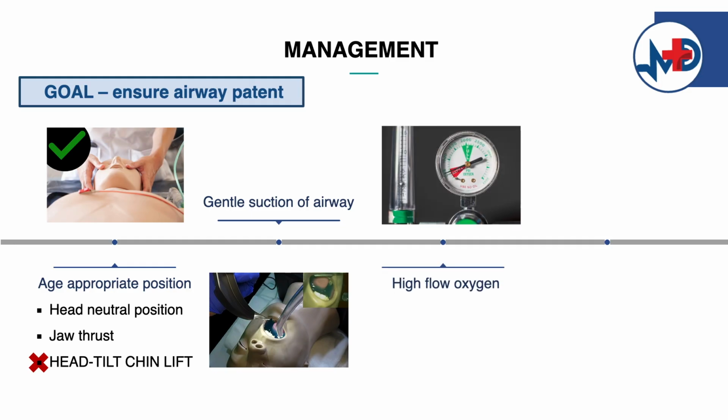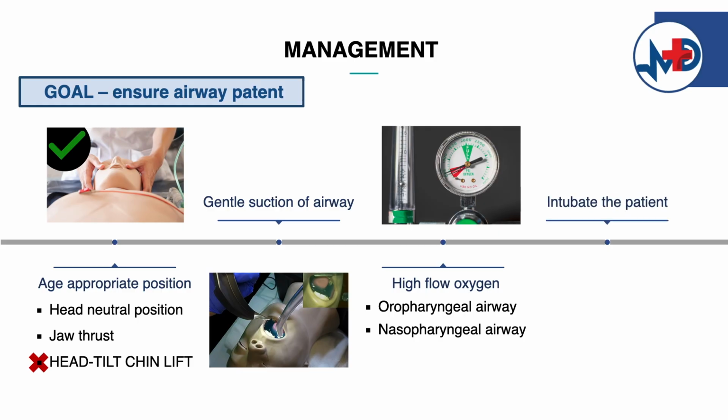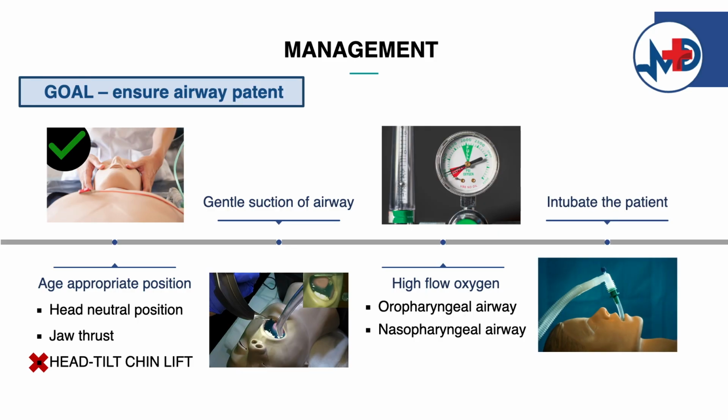You may also need to administer high-flow oxygen. If tolerated, use an oropharyngeal airway or nasopharyngeal airway once you have made sure that head injury is unlikely. Lastly, if needed, intubate the patient. If not attended to immediately, airway obstruction may lead to respiratory failure, arrhythmias, cardiac arrest, and even death.